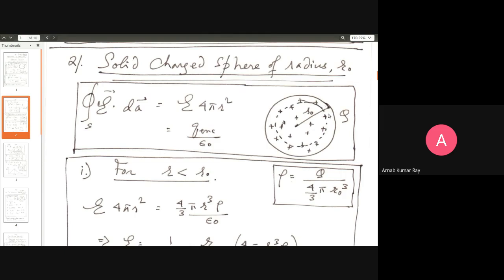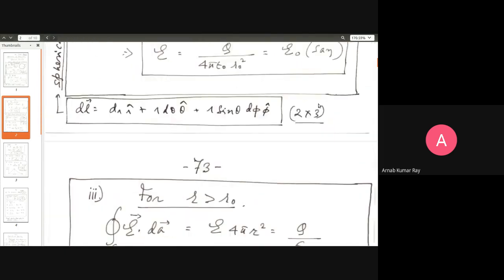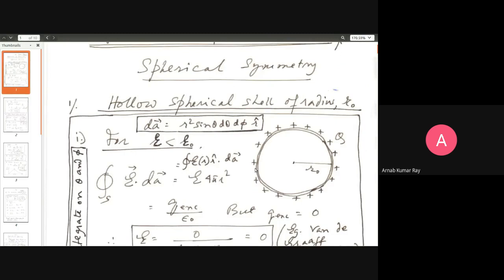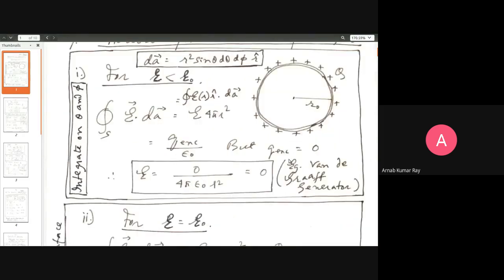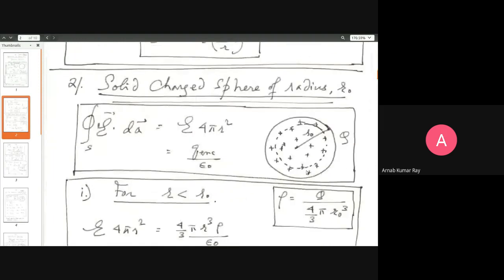So inside the sphere, you have charges. Earlier, in the previous case, it was a hollow shell, so the charges were on the surface. But now there is conducting material inside, let's say a copper sphere or whatever. And there, you have injected this entire region with charges. There you have all the charges within.